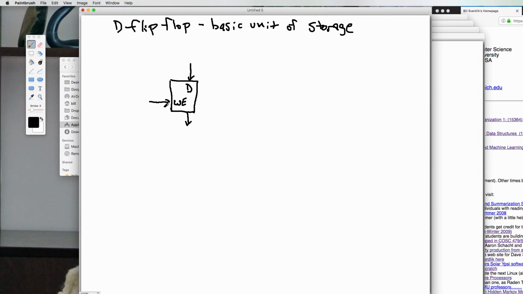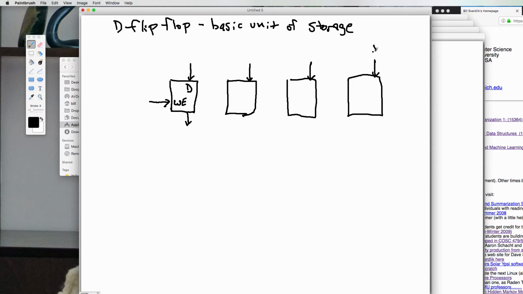There's a line that's coming in here. And actually, what I want to do is draw a few of these. Let's suppose we have 4 separate lines coming in. I'm going to give these lines numbers. I'm going to call this input 0, input 1, input 2, input 3.